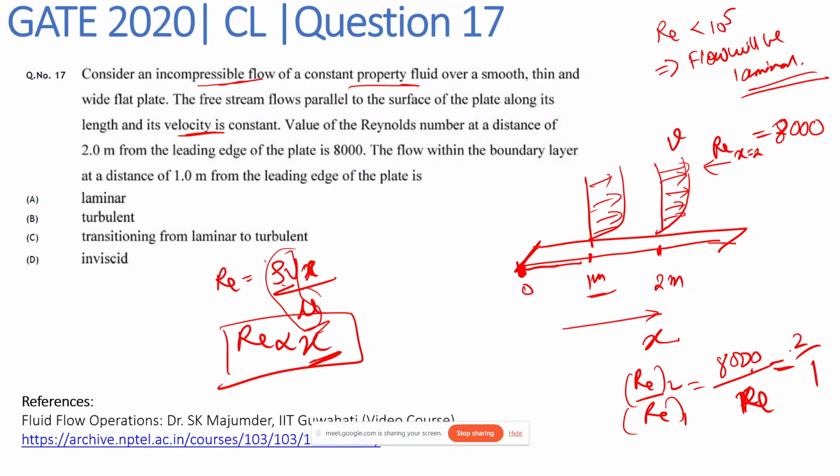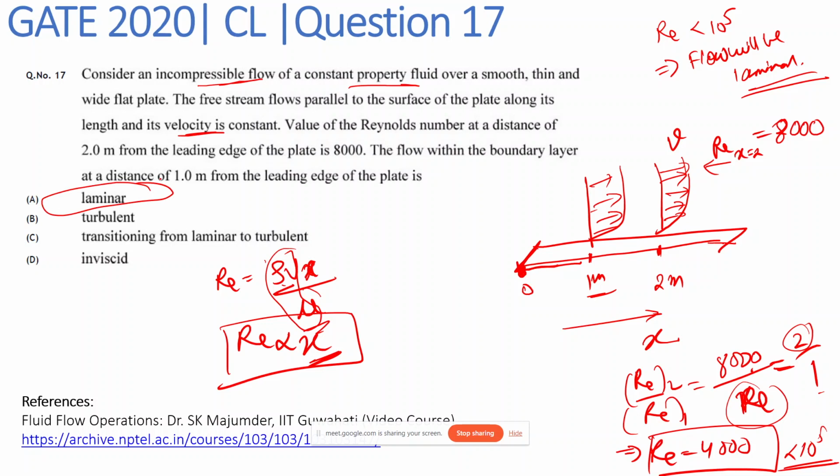So 8000 was the Reynolds number at 2 meter, and Re1 is the Reynolds number at 1 meter. From this we get that the value of Reynolds number is 4000. And since this Reynolds number is less than 10 raised to 5, we can say that the flow is laminar. So we can select option A as the correct answer.